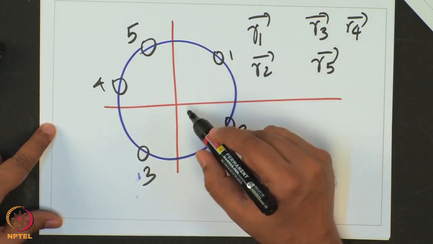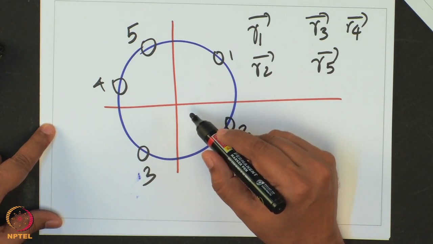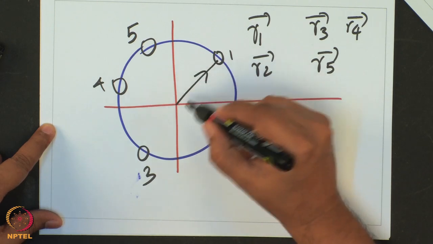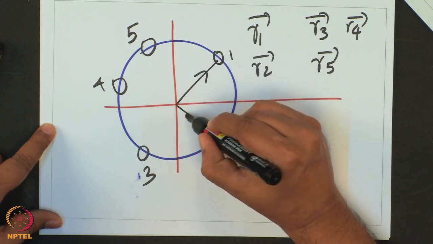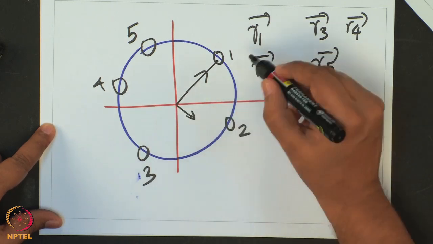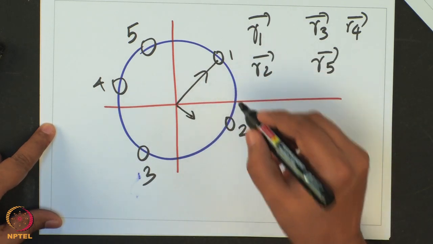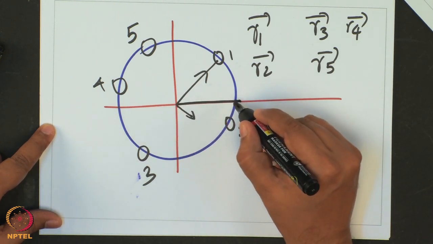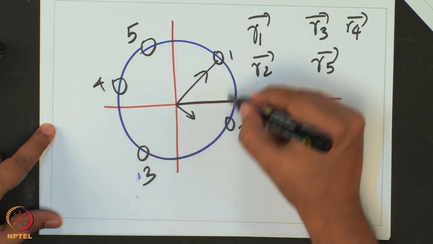But to get any point, two things I need to know are which direction to go, should I go this way or should I go this way, and how much to go. If I know this, I would get the point; that is one way. Another way is, from here, how much angle should I go?